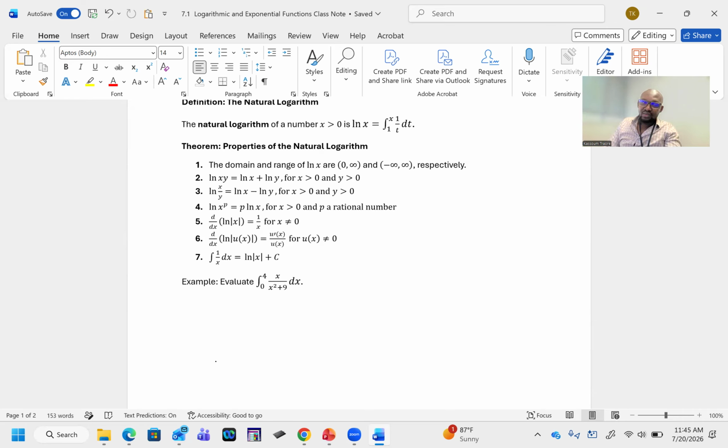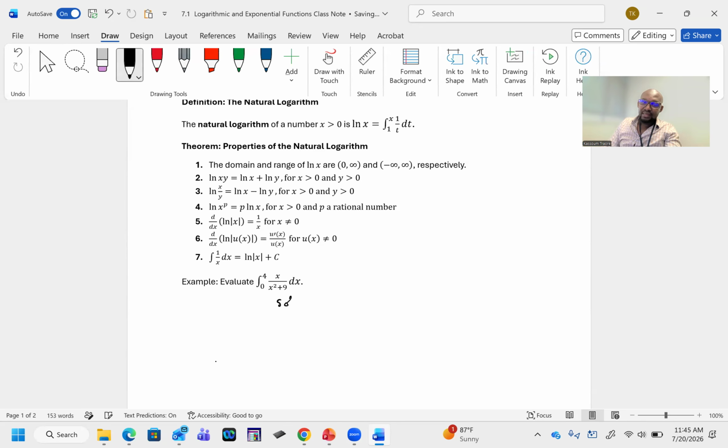So to integrate this one, I would say let my u be equal to x squared plus 9, right? Then if u is x squared plus 9, this means what? du will be equal to 2x dx, right?